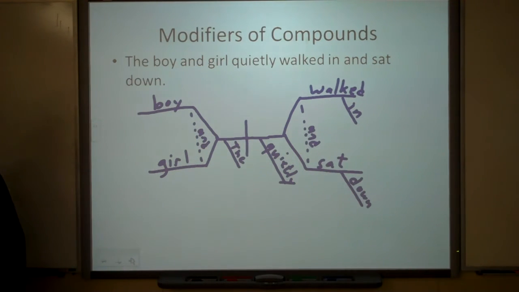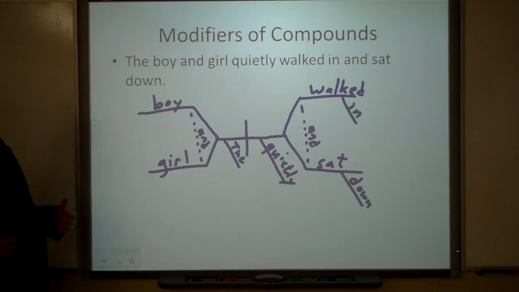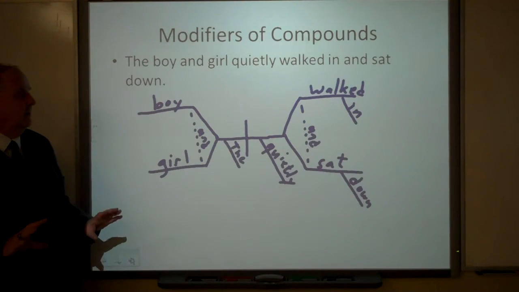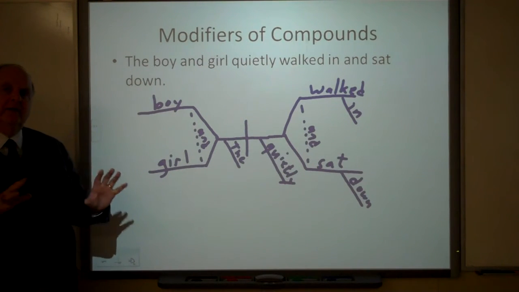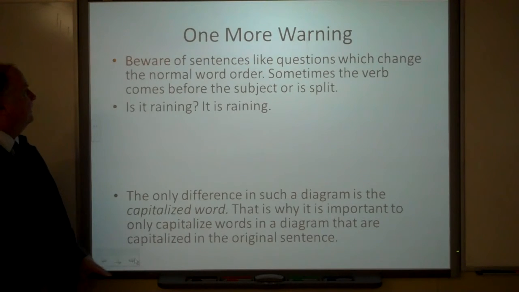Conjunction on the dotted line. But notice how this does show the relationship. And so it is important that you diagram these this way to show the precise relationship of those modifiers.